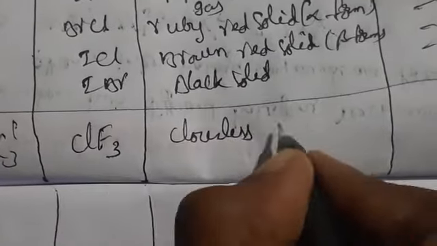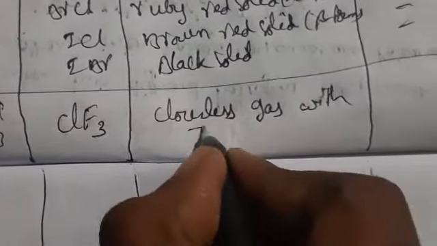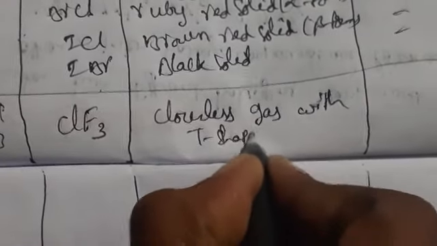Now let us see the next one, XX'3. Here we have ClF3. ClF3 is a colorless gas with a T-shape.